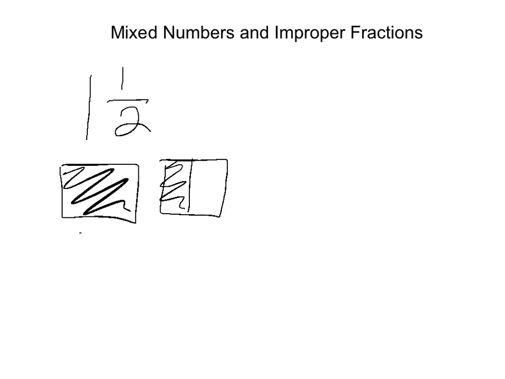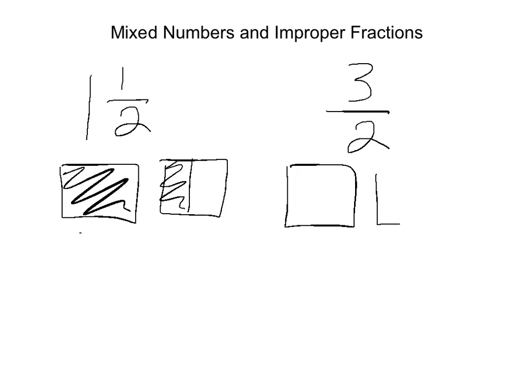Now an improper fraction is a fraction that has a numerator larger than the denominator, such as 3/2. My numerator is larger than my denominator. Now this still looks like, if I drew my picture, I have 2 pieces because this denominator tells me how many pieces to have in each square.